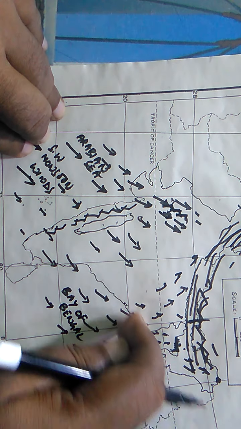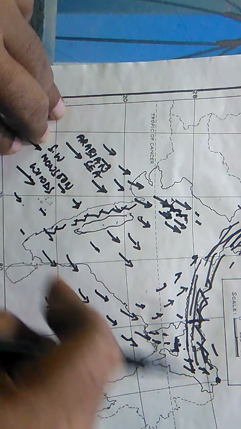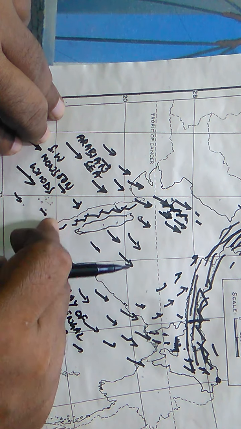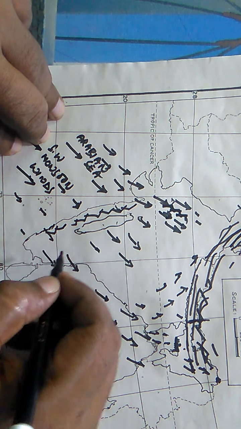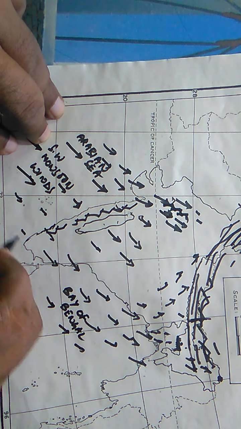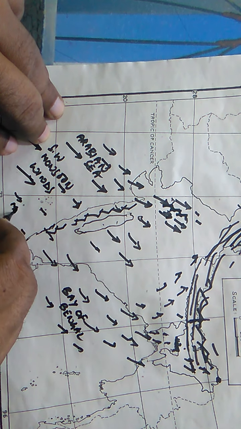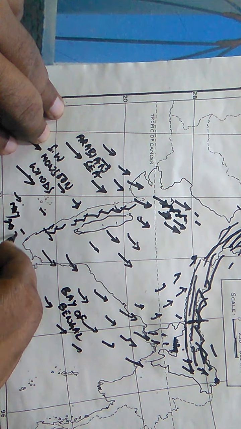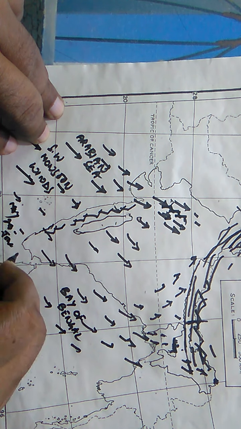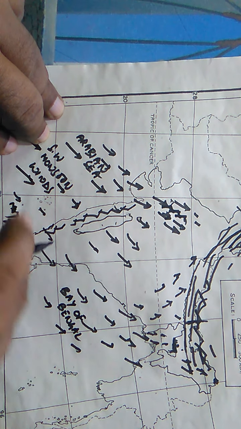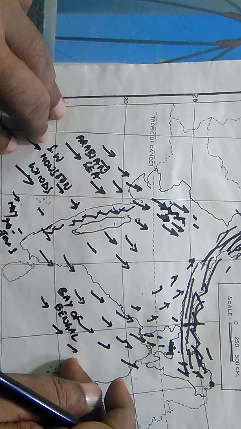Now these two branches of the monsoon winds: the arrival date normally along the coast of Kerala and Andaman Islands is supposed to be May 29 to June 1. Usually between May 29 and June 1 it arrives on the Kerala coast.